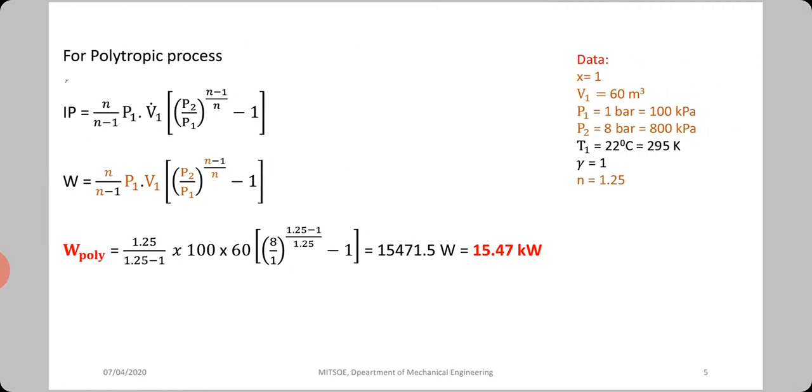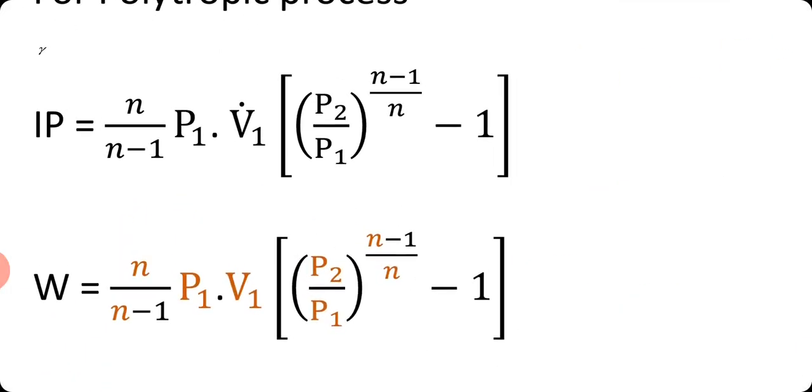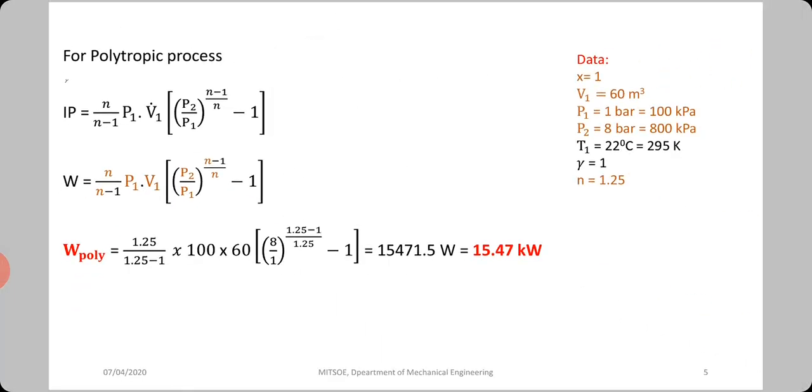Now we'll move to the second question. In the second question, what is asked to you? W in polytropic process. Again you can see there are two formulas written: W and indicated power. When V1 is replaced by V1 dot, that is meter cube is replaced by meter cube per second, then W is replaced by indicated power. What is asked in this problem? It is W. So we have to use the second formula.